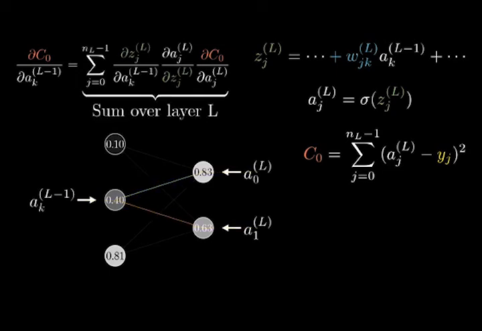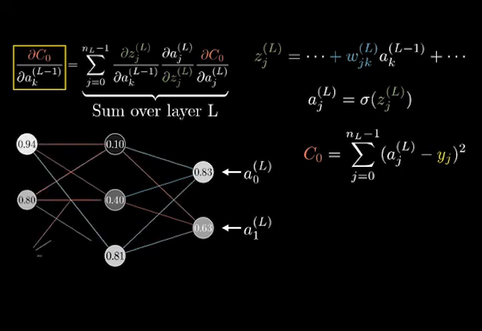That is, on the one hand, it influences a_0^L, which plays a role in the cost function, but it also has an influence on a_1^L, which also plays a role in the cost function, and you have to add those up. And that, well, that's pretty much it. Once you know how sensitive the cost function is to the activations in this second to last layer, you can just repeat the process for all the weights and biases feeding into that layer.